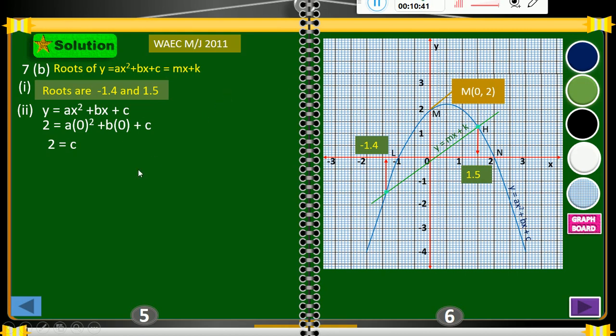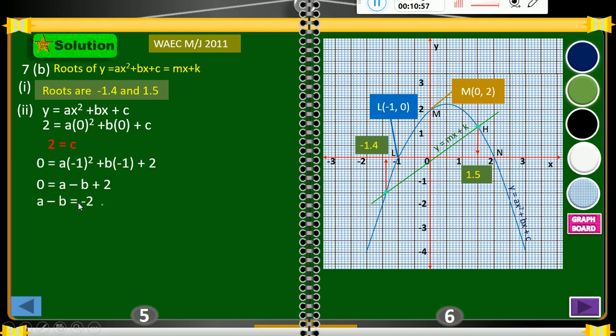Then we're now going to use the coordinate of L. The value of x is -1 and y is 0. So we're going to substitute y as 0 and x as -1, and then we have this. On simplification, we have a minus b is equal to -2, equation 1, or the blue equation.